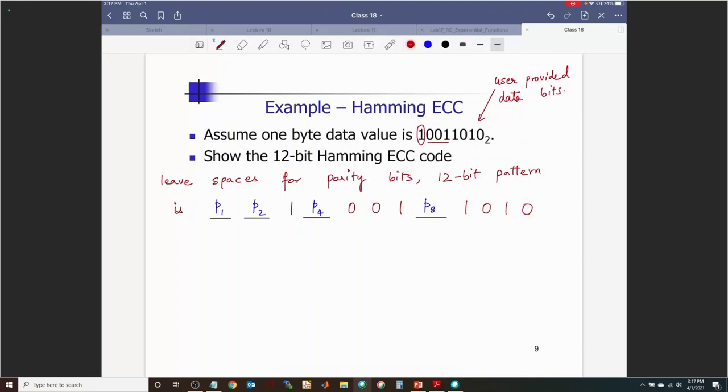So for that calculation, I'm going to write some statements over here. Position 1 checks bits 1, 3, 5, 7, and so on. How many ones do you see in those locations?